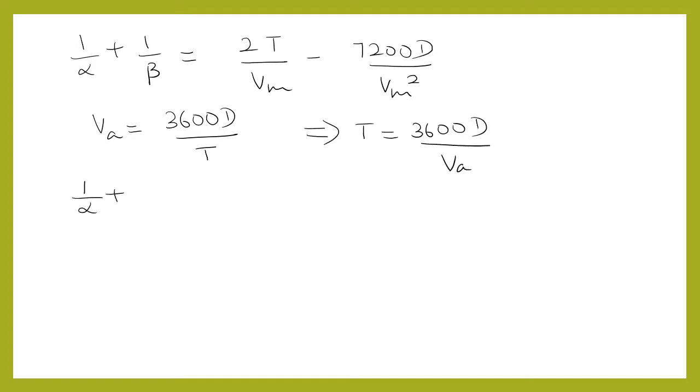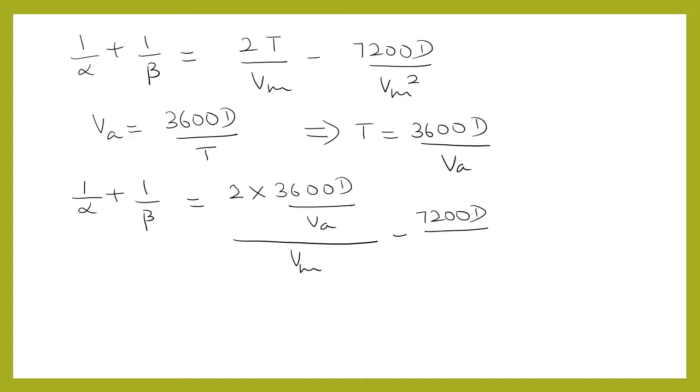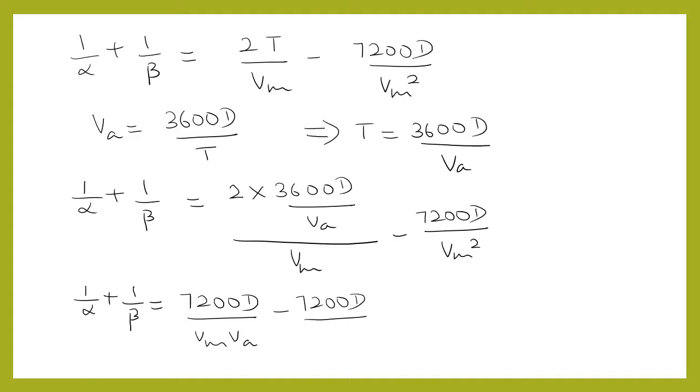So the equation of 1 by alpha plus 1 by beta is equal to 2 into 3600D by Va by Vm minus 7200D by Vm square, or we have 1 by alpha plus 1 by beta equal to 7200D by Vm Va minus 7200D by Vm square, that is equal to 7200D by Vm square into Vm by Va minus 1.